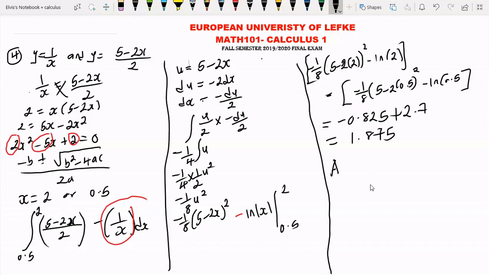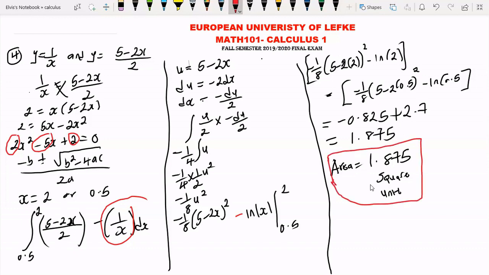So, guys, this is going to be the area of the shaded region, 1.875 square units. So guys, this is going to be the answer to the fourth question.